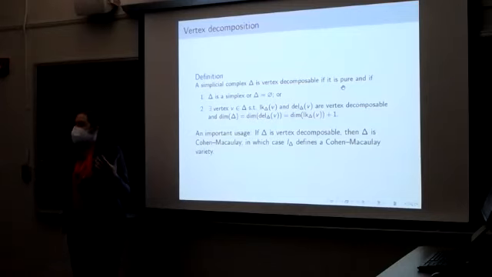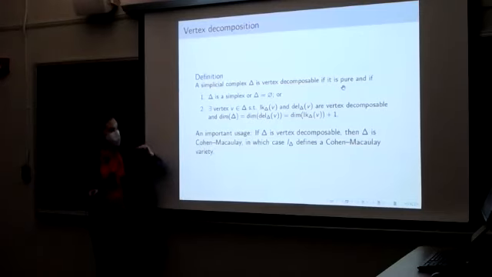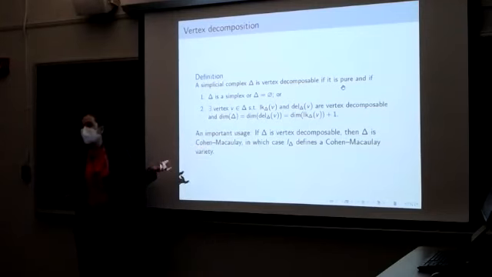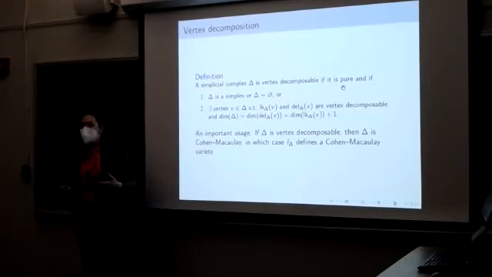If link and deletion have the right dimension and they are themselves vertex decomposable, so it's a recursive definition, then the complex we started with is what's called vertex decomposable, which implies that the ring that we're studying is Cohen-Macaulay. So if we can break things down in this nice way, vertex by vertex, getting rid of them, and get to something easy, so just a triangle of an appropriate dimension, then the ring that we were originally looking at is Cohen-Macaulay.